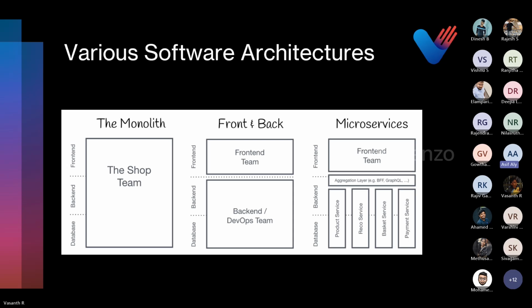For example, take another product where the business owner thinks it will only have 100 users and he just wants to build an MVP. He might start with a monolith. Later, they can change it to front-to-back, and from front-to-back to microservices. So this also depends on the business decision and the cost they can spend on building the software.